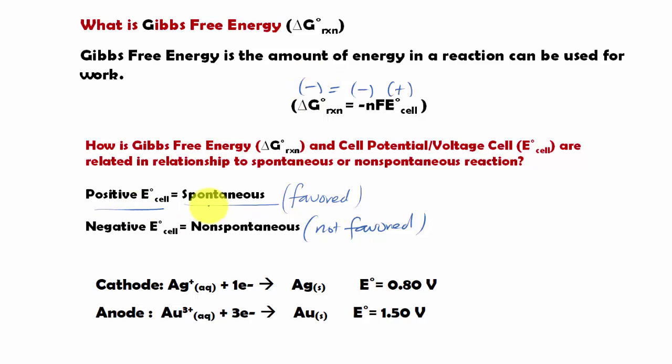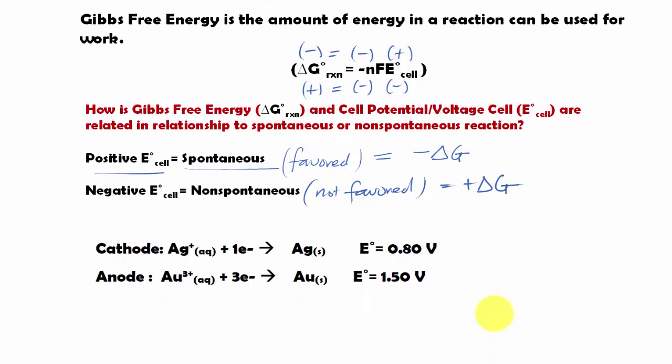So therefore, for our spontaneous reaction, you would have a negative delta G. Let's look at the other way around, where we still have the negative sign and we have a negative E cell. So we have a negative times a negative that gives us a positive. So for a non-spontaneous reaction, we would have a positive delta G.